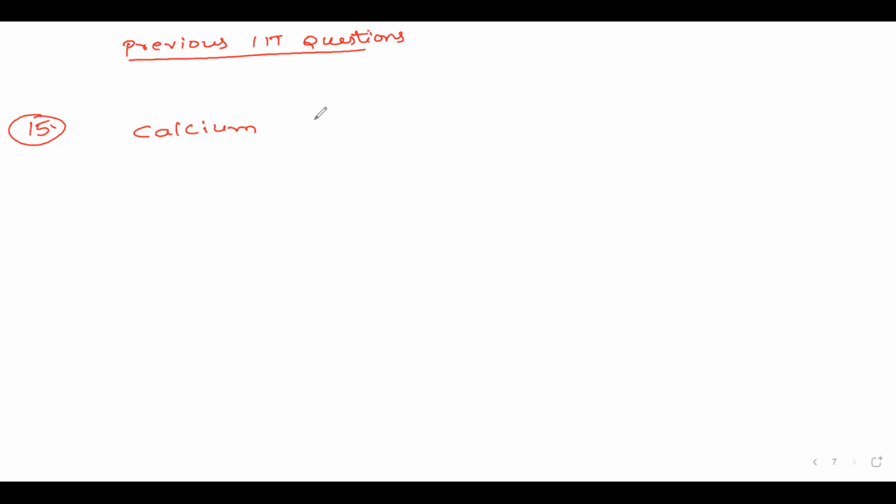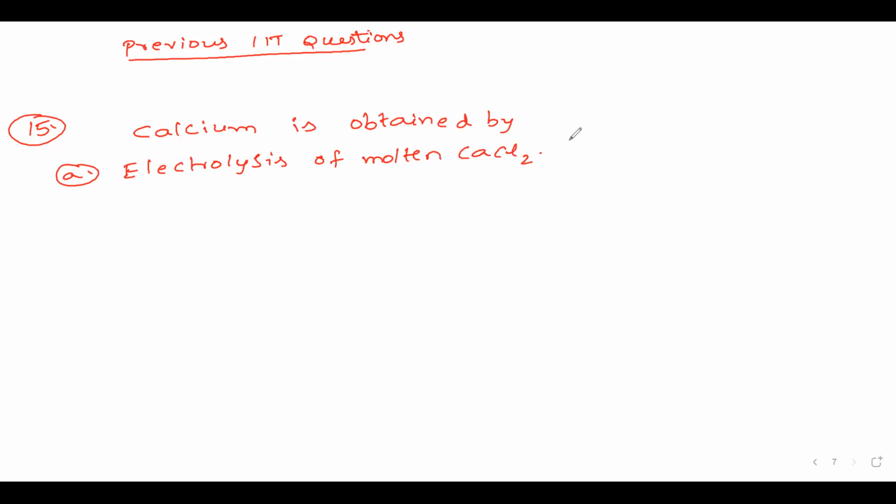Calcium is obtained by option A, electrolysis of molten calcium chloride. Option B, electrolysis of a solution of calcium chloride in water.